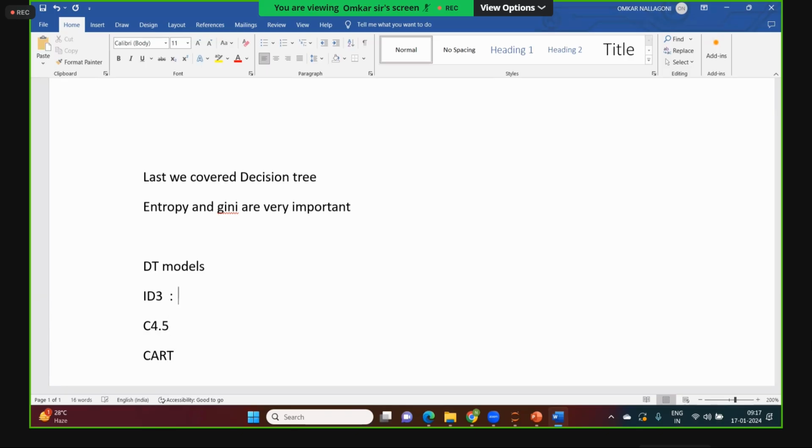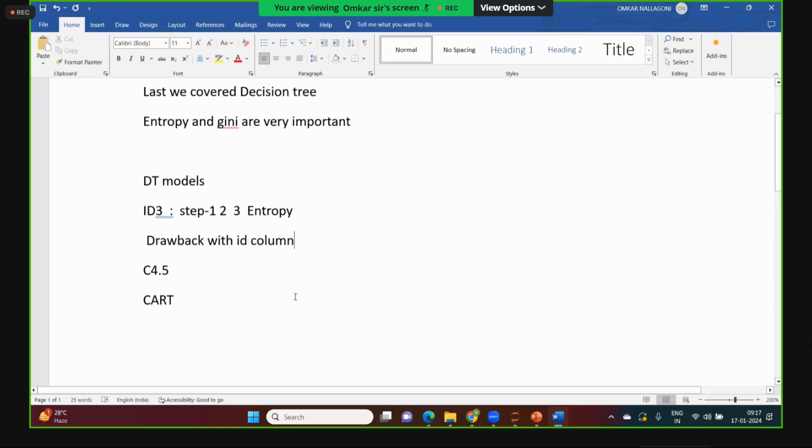ID3 generally covers steps 1, 2 and 3, and the mathematics we use is called entropy. We have a drawback with the ID column, and that's why we go for C4.5.